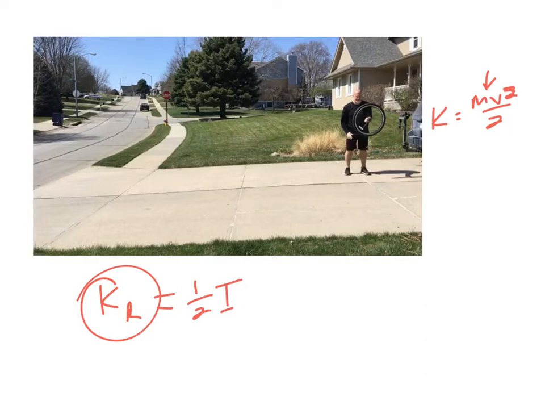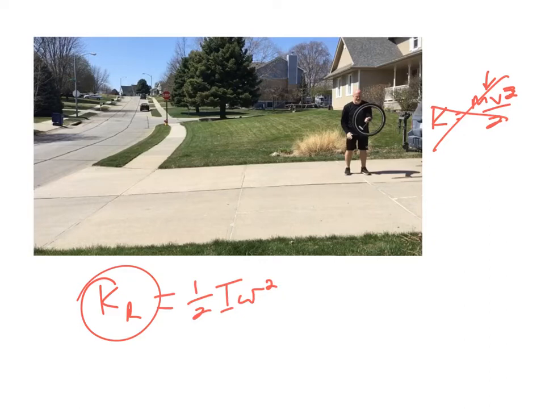The wheel has some mass rotating around its center of mass, and it has an angular velocity. Since that wheel is spinning, it most definitely has an angular velocity, so it has rotational kinetic energy. It doesn't have any of this other stuff right now, but it does have rotational kinetic energy.